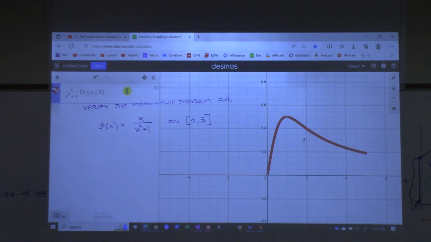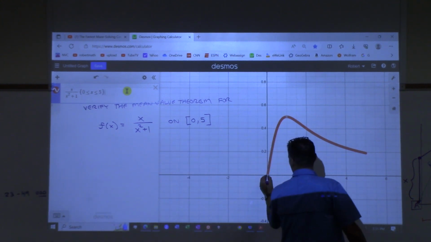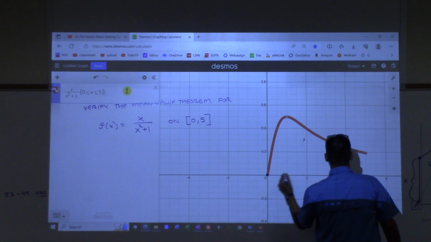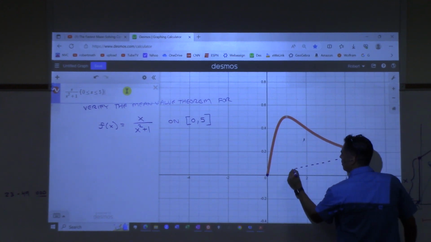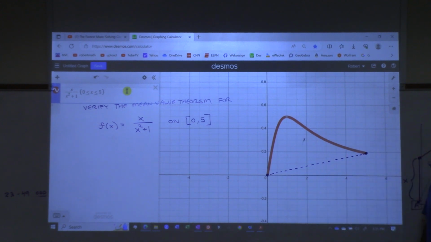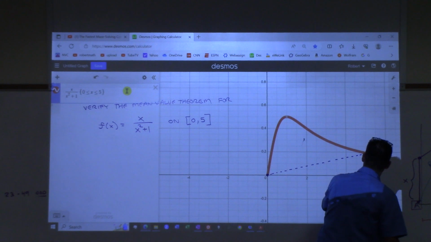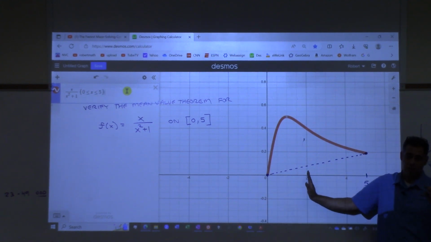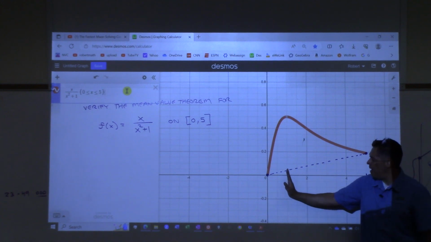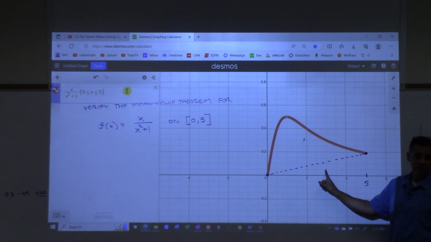All right, so what we're supposed to do is this. We're supposed to show that when you start this function at 0 and end at 5, there's some line connecting these 2 points. That's called the secant line. Somewhere between 0 and 5, there's some value of x, which we are going to call c, that when I go to that point and look at the slope of the tangent line, it needs to be parallel to this.